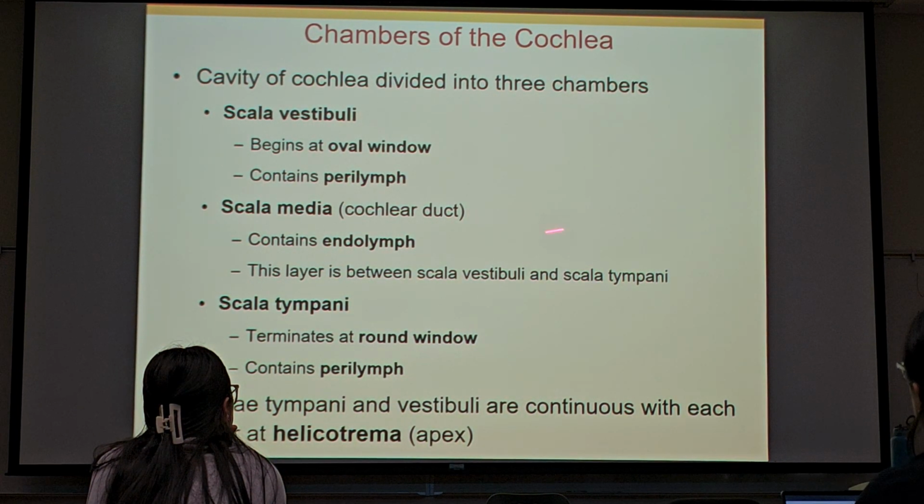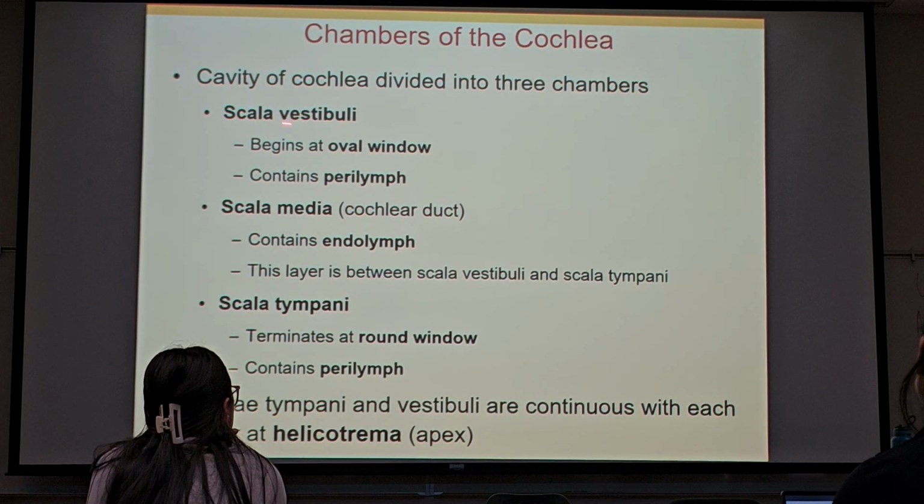All right, let's look at the cochlea. We have some chambers here. We have some questions about these chambers in the lab. Here they are. The cochlea is divided into 3 chambers. So that membranous labyrinth is divided into 3 chambers: the scala vestibuli, the scala media, and the scala tympani.